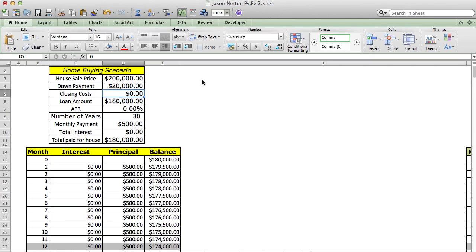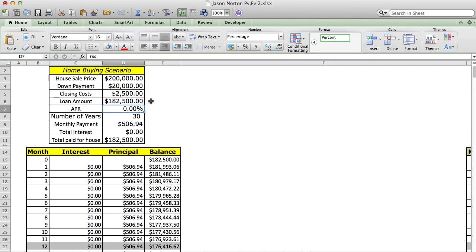But let's say that there was $2,500 in closing costs. So that next field you can see right here is the loan amount. That's how much money I'm going to borrow from the bank, $182,500.